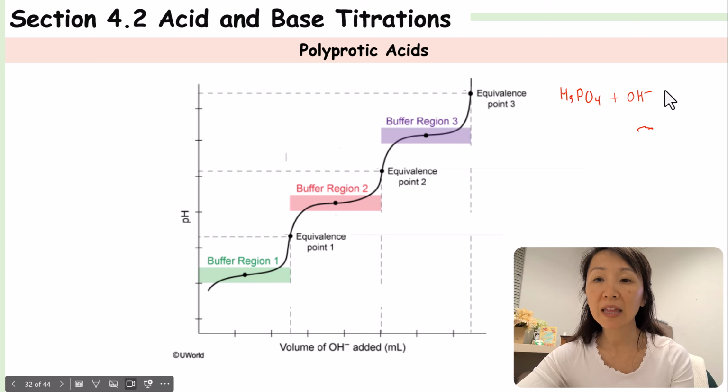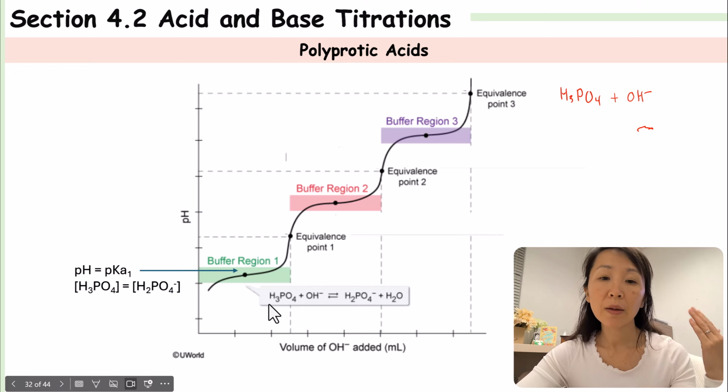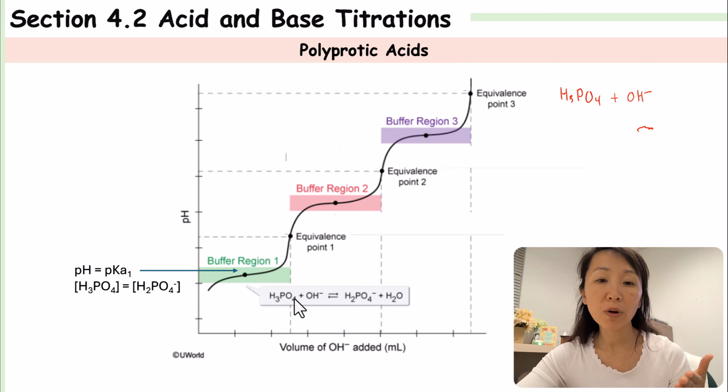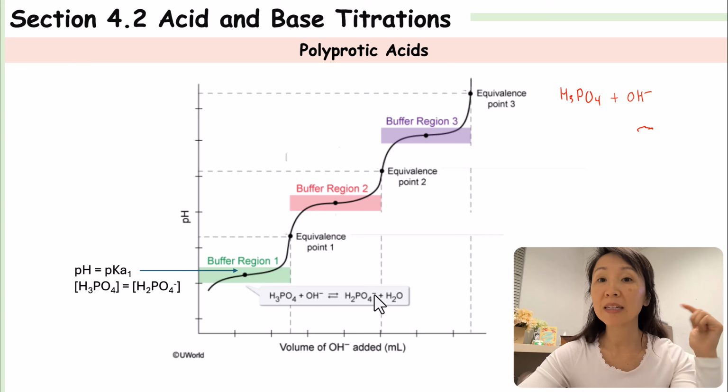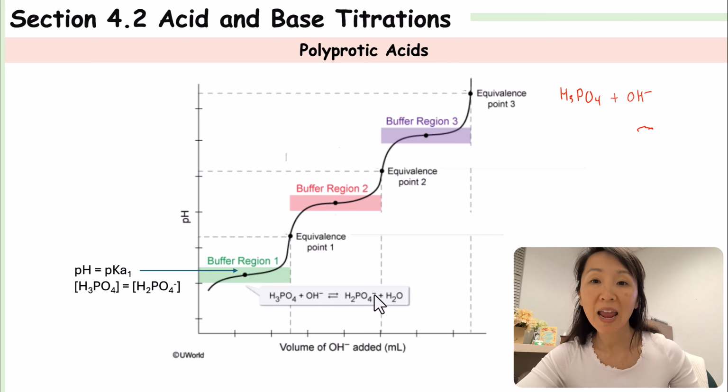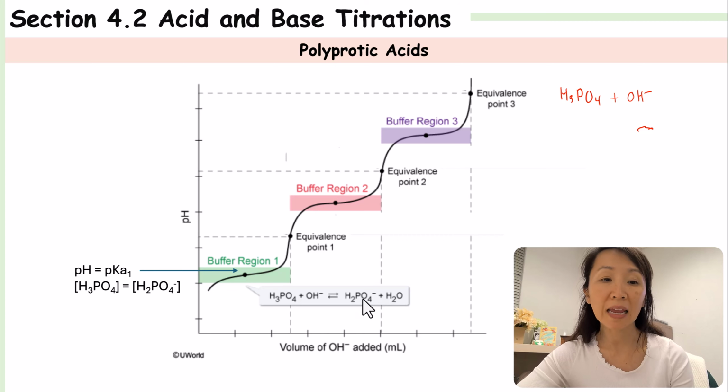Now, as time passes and you add more and more OH minus, they're going to react together, and you'll see this reaction occurring. The H3PO4 is going to donate one of its hydrogens to hydroxide to form water. And then you see its conjugate base, the H2PO4 minus. The reason the negative sign is there is because H has been donated, so it loses a positive charge, and hence it's left with a negative.